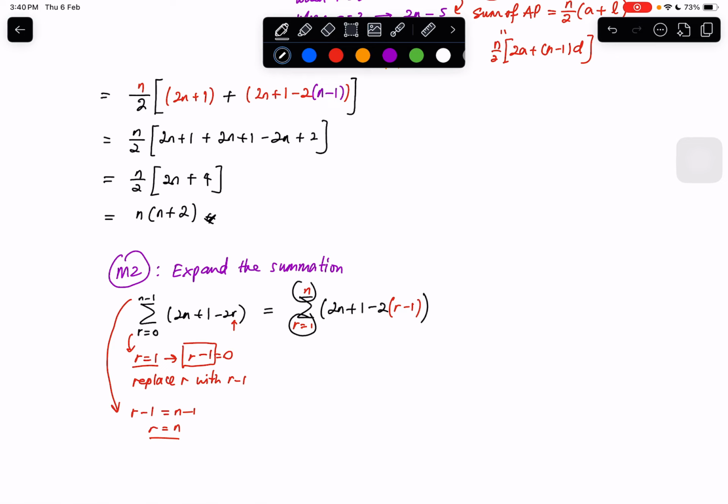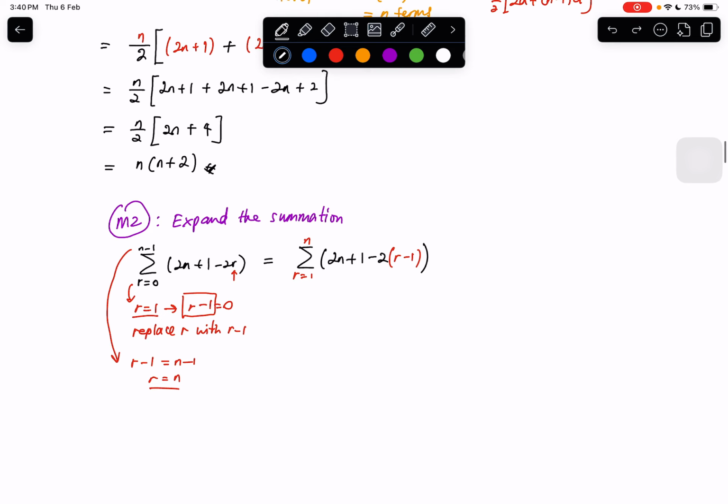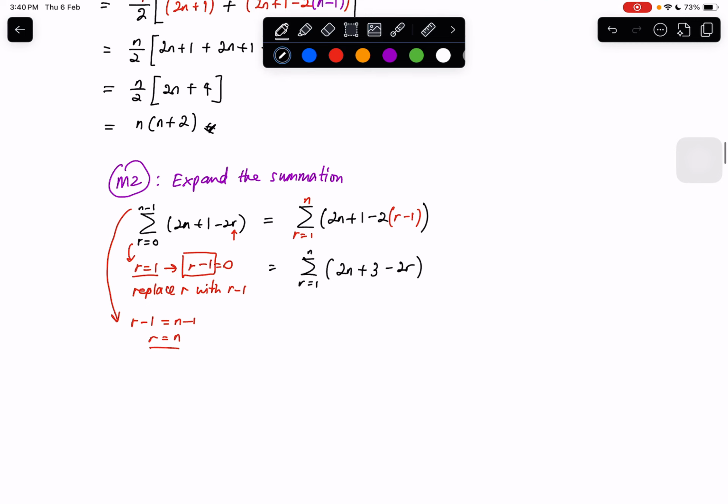So your lower limit, upper limit change, and your expression also changes. It's something like integration by substitution. Now let's simplify. Sum from r equals 1 to n of 2n plus 2, sorry, plus 3 minus 2r.